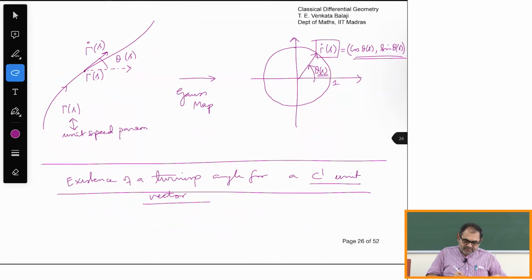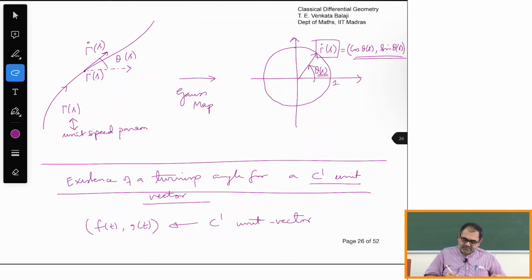And the important point is that I want to say the turning angle is itself C1, okay. That is the hard part, especially when you are confused about this business that the angle itself is kind of discontinuous and ambiguously defined up to integer multiples of 2 pi. So what is a C1 unit vector? You take f of t comma g of t as a C1 unit vector.